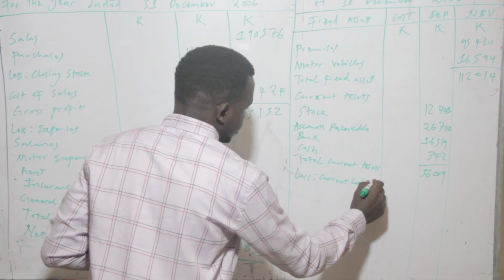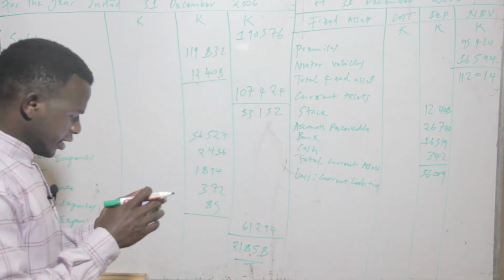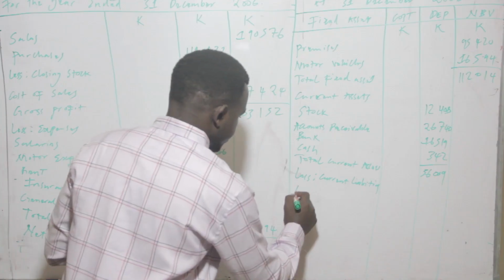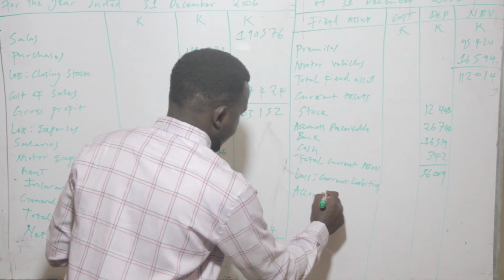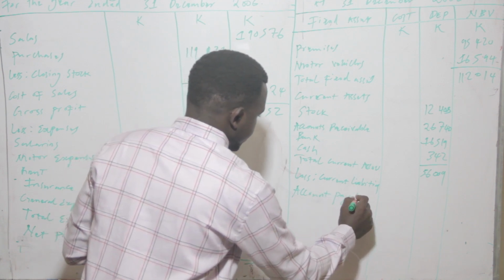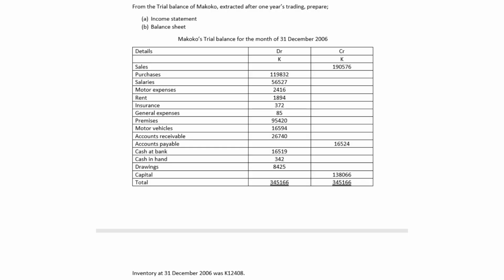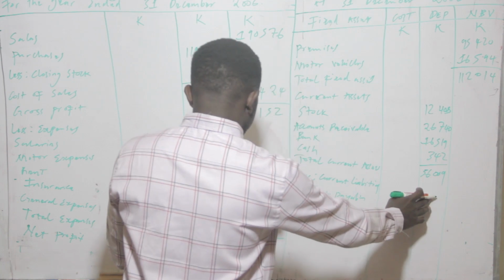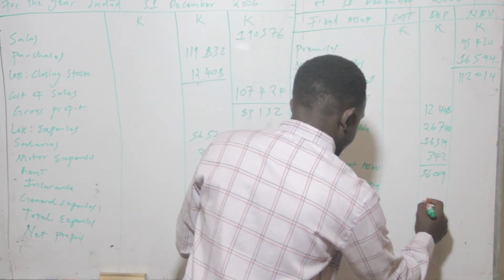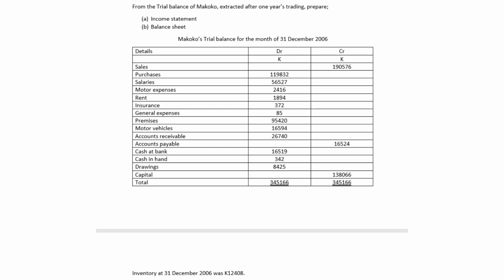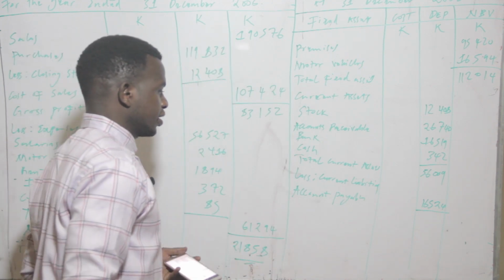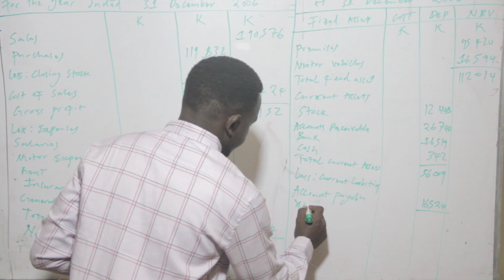And the current liabilities that we are having in the question, we have account payable. And that's the only current liability that we are having. That means that we're going to record it here direct. And that amounted to 16,524.